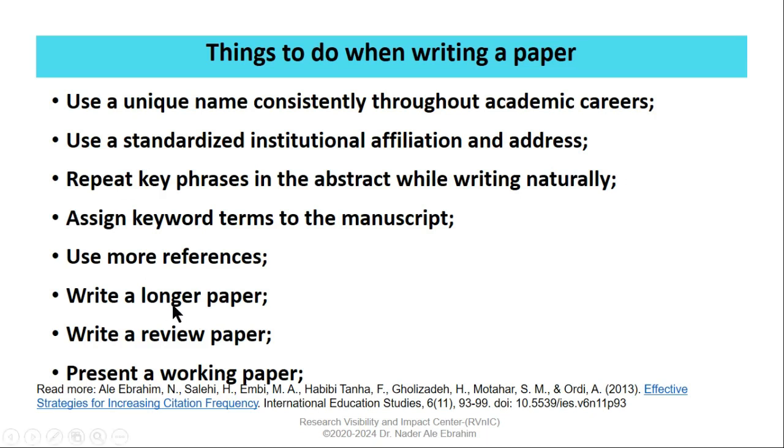But if they allow you to write longer, write a longer paper. Try to write a review paper, which usually receives more citations than a research paper. Try to present your working paper by uploading it to different repositories and so on, meaning the one you are still working on, not the one which is published.